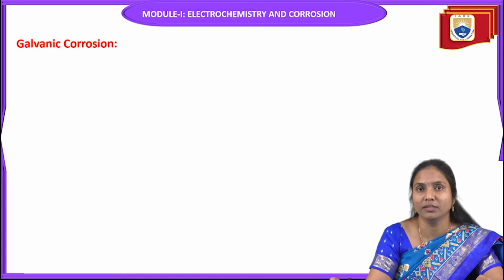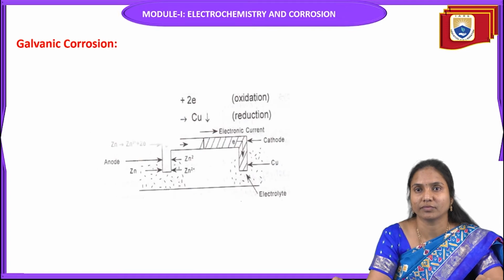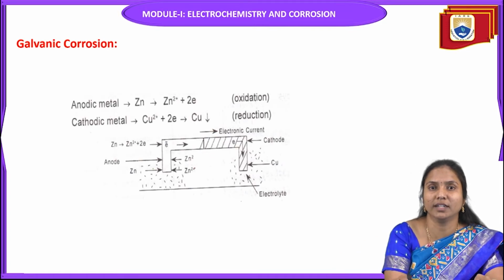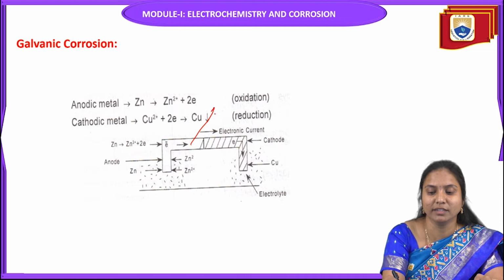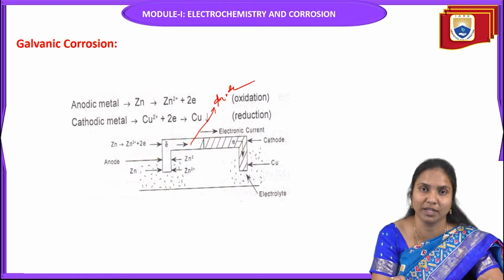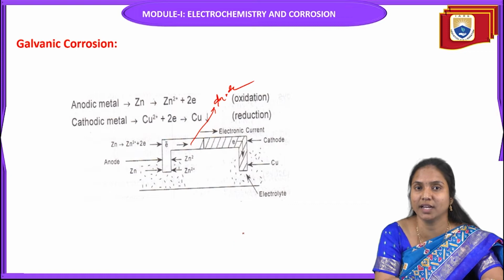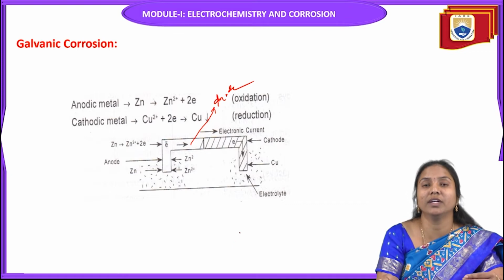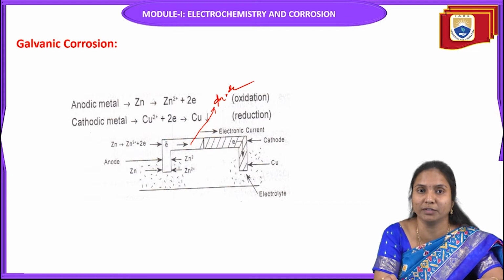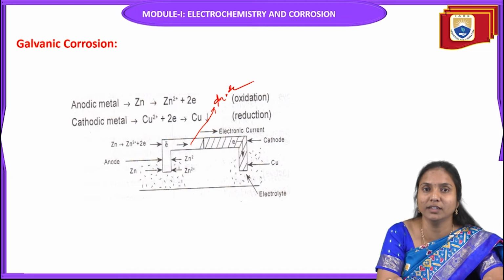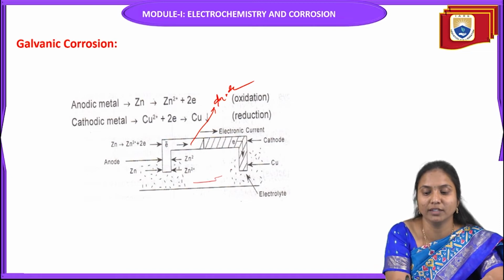Metals at a higher position in the electrochemical series easily undergo corrosion. So when we connect zinc and copper, two different metals electrically connected, exposed to electrolyte.